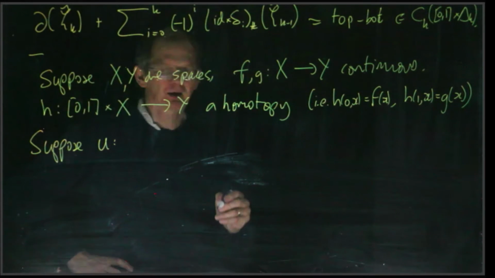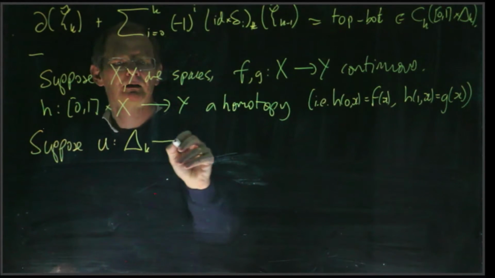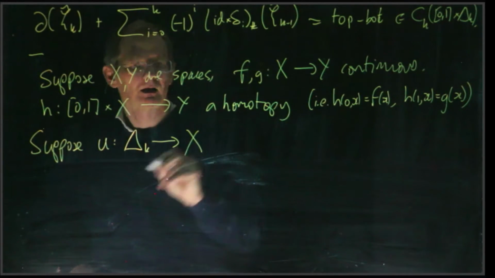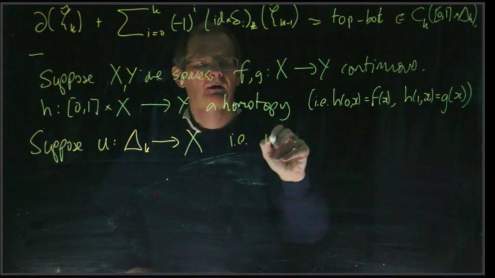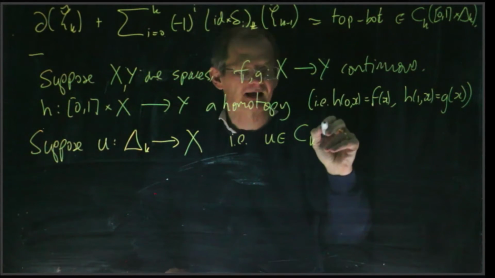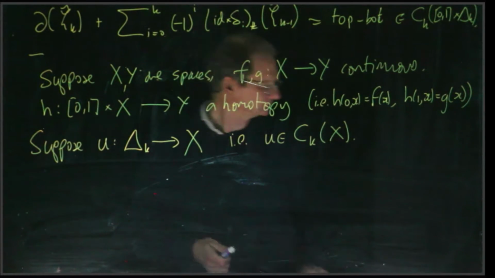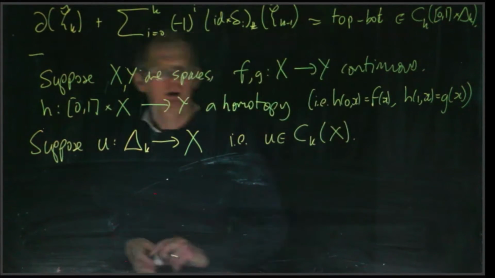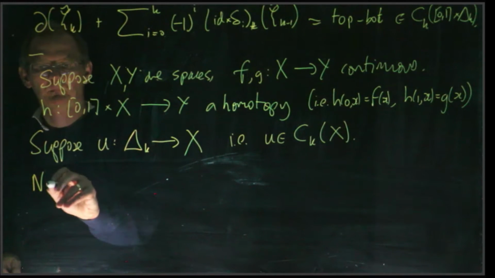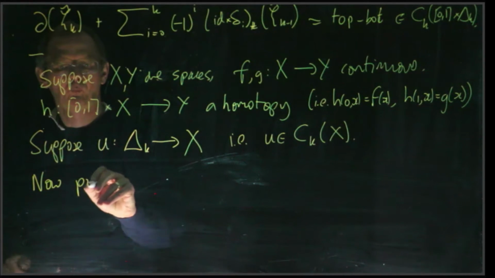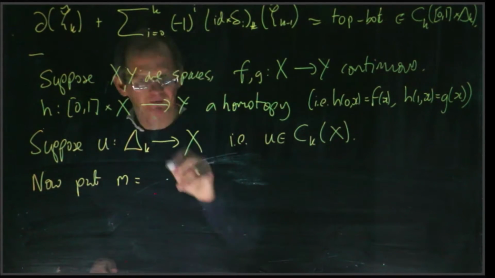So now let's suppose we've got a map u from delta k to X. So u is a basis element in the chain group C_k X. Let me let M be this composite.